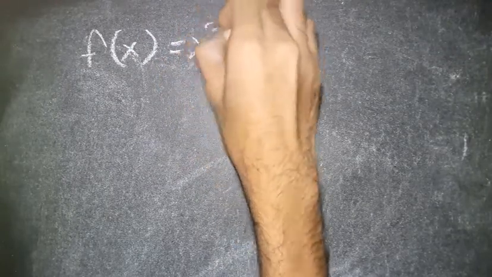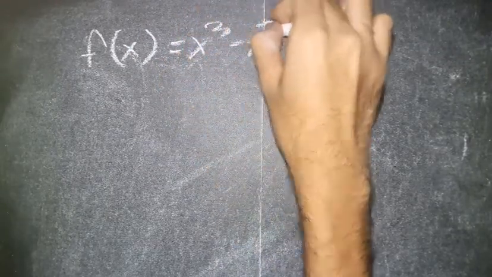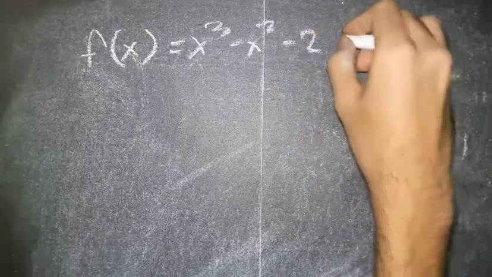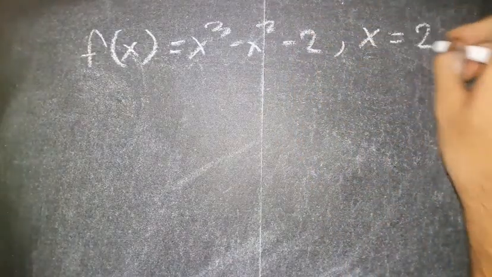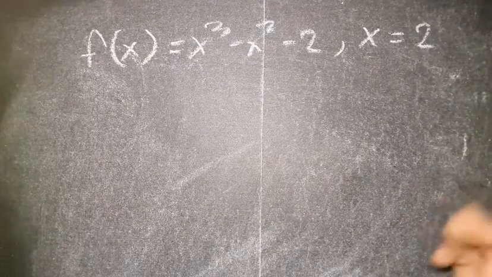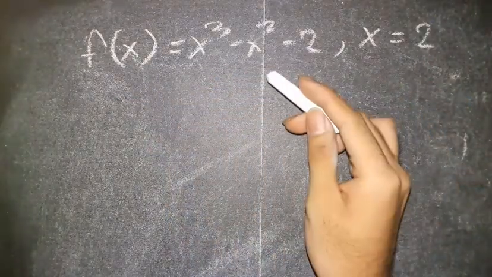Now, let's try using these conditions to determine if the given function is continuous at a given point. Suppose that f of x is equal to x cubed minus x squared minus 2, and that x is equal to 2. By the first condition, we must substitute 2 in the function.